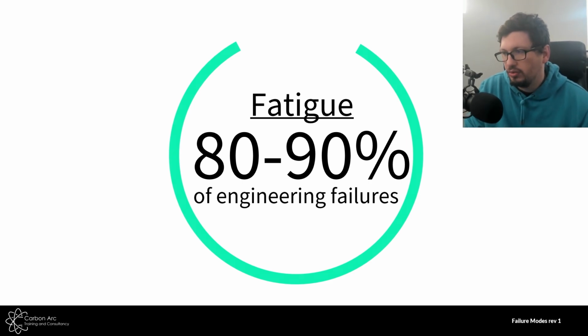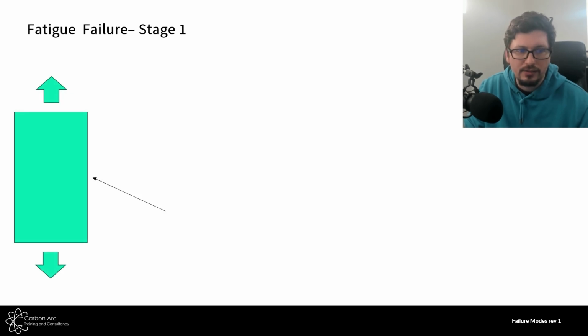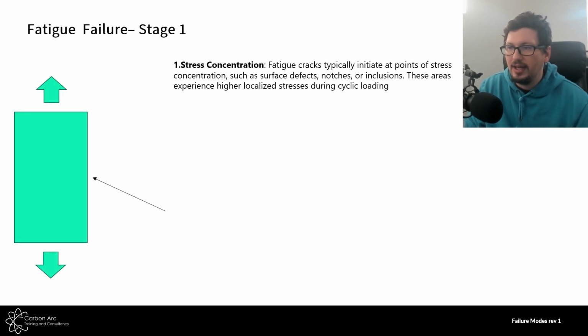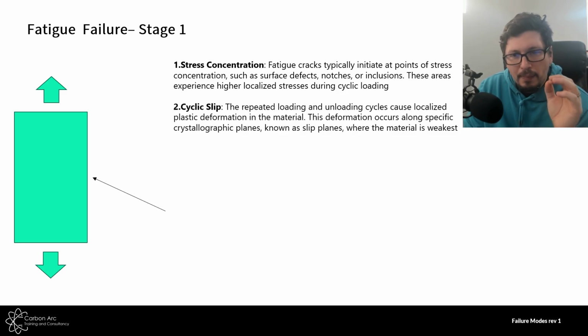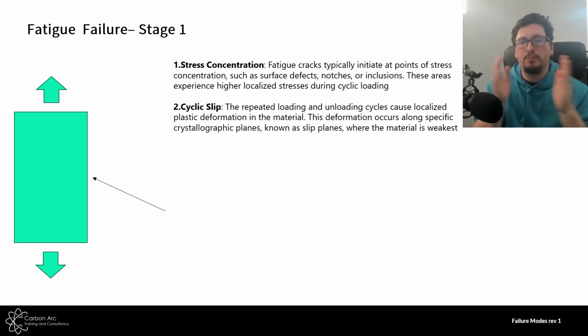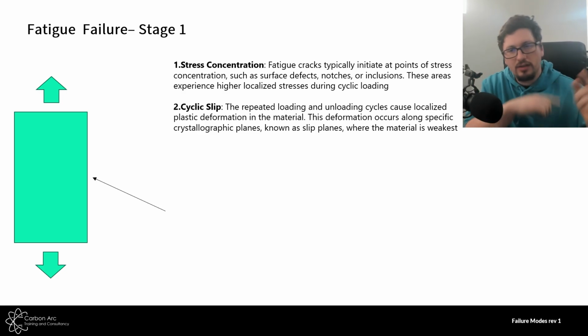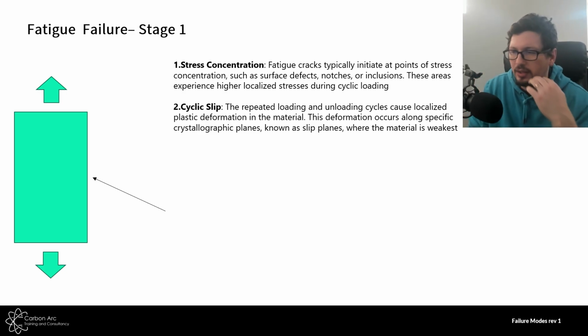With fatigue failures, I start with a stress concentration and apply cyclic loading, so pressure on, pressure off, pressure on, pressure off, sometimes shown as sine waves and all sorts of things like that.